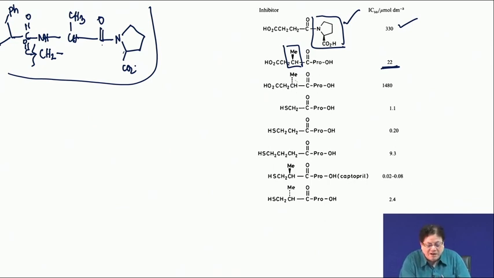It is not alanine, it is the succinic acid, but I am just comparing with alanine. Basically, when the methyl is beta, you have activity; when the methyl is alpha, you have 1480. So, the stereochemistry is so important, which is absolutely required for any enzyme inhibition or enzyme catalysis. Okay. So, up to this point you cannot change now.